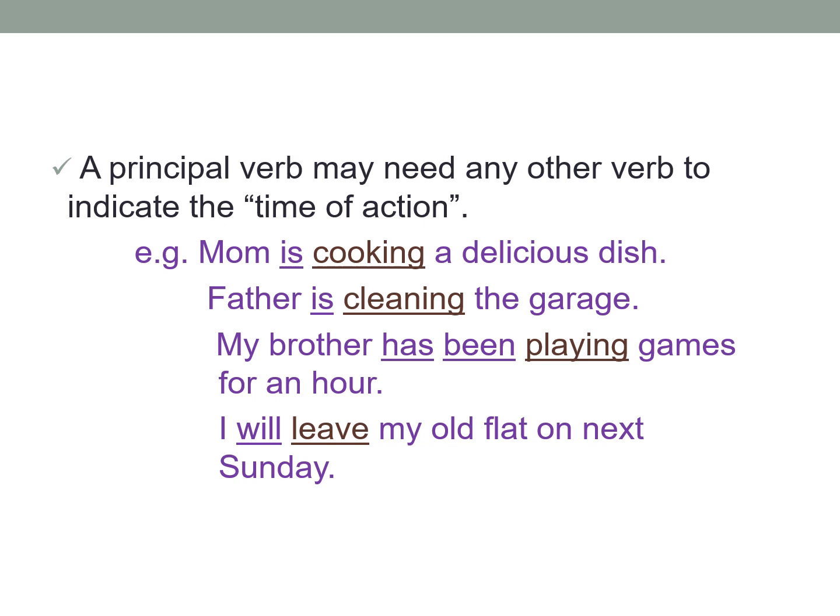The principal verb in this sentence is playing, and we have used two more verbs because the tense or the time of action is present perfect continuous. So we have to use has been. So now you understand that in a sentence we may need the help of other verbs.